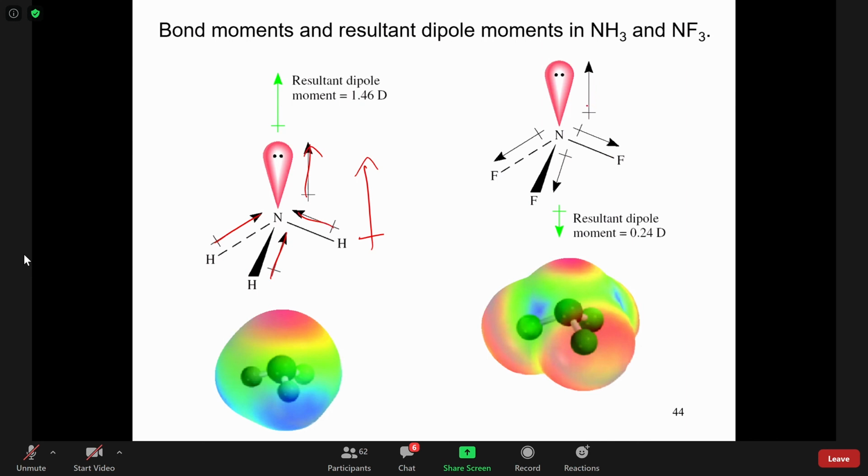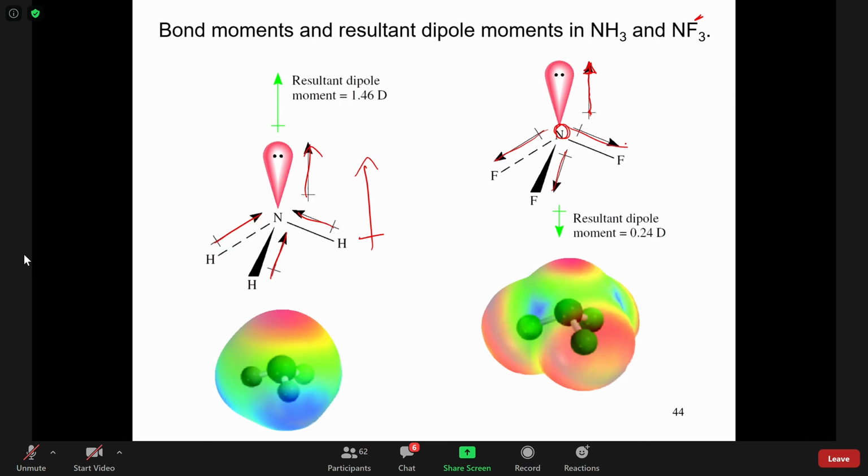The lone pair itself, note, creates its own dipole moment. It is definitely more electron rich than N itself by virtue of being a lone pair. Notice that in this tetrahedral model, however, the fluorines being more electronegative than nitrogen are all pointing downwards.